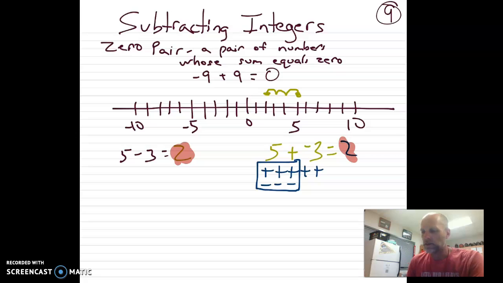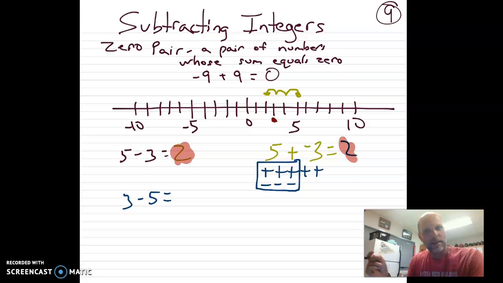All right, let's try something else. Let's do 3 minus 5. I'll do it up there on the number line. We're going to start at positive 3. Technically we started at 0, and we moved over to the 3 because it's positive.